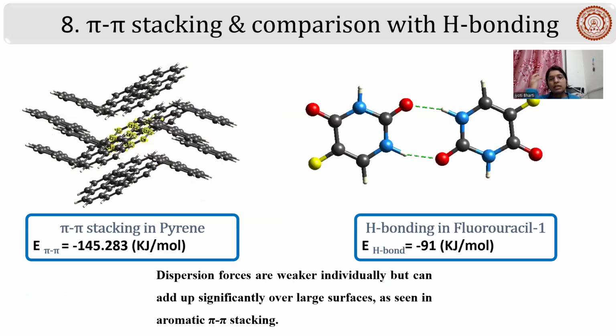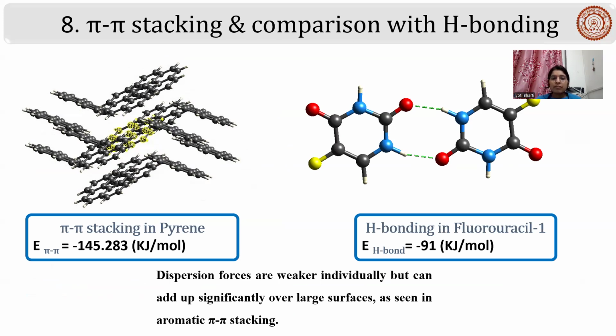After that, we compared the hydrogen bonding we were getting in the case of uracil, the particular electrostatic energy, because hydrogen bonding is electrostatic, with the pi stacking energy we are getting in the case of pyrene. We found that the pi stacking energy is more negative in the case of pyrene as compared to the hydrogen bonding in the case of uracil.